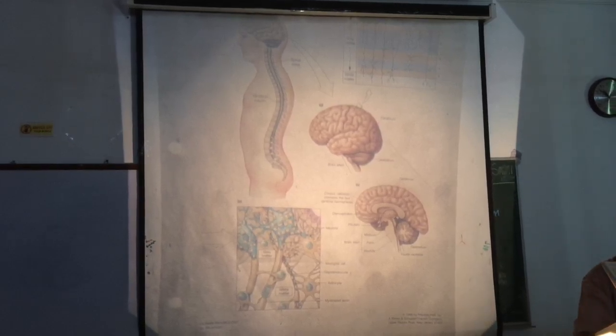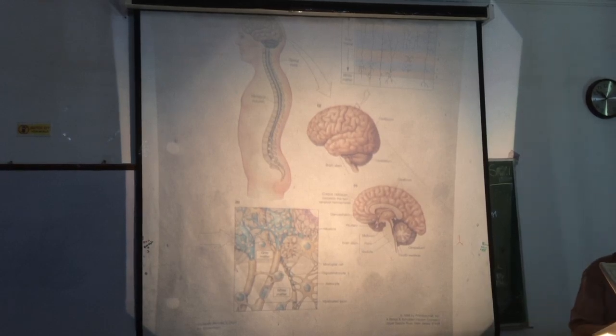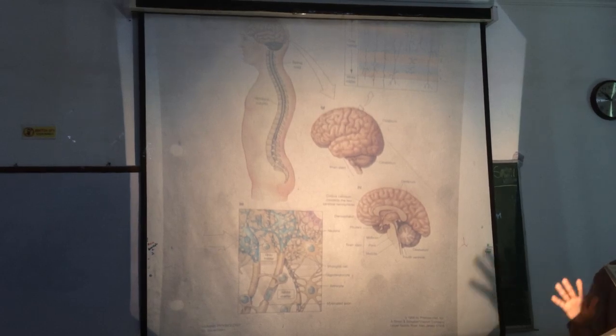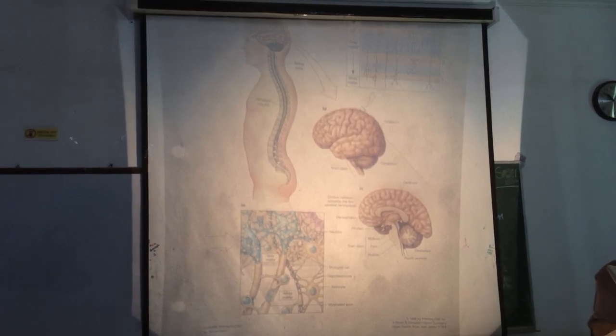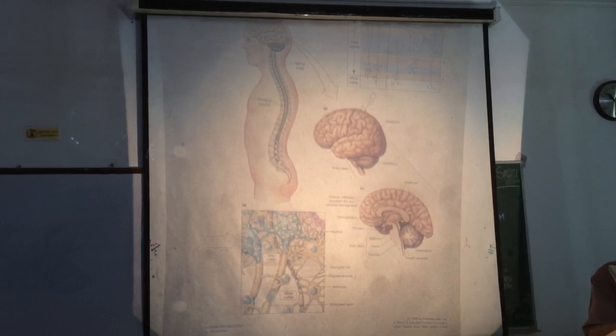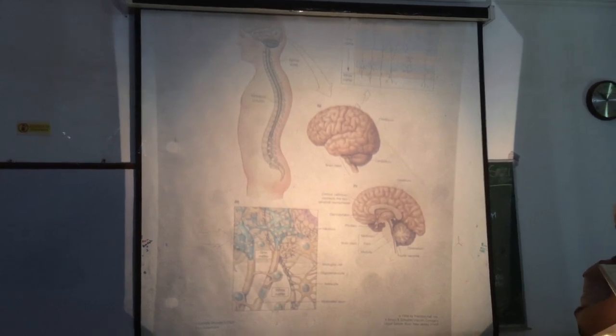So this was about the physiological anatomy of the brain. I discussed the important parts.